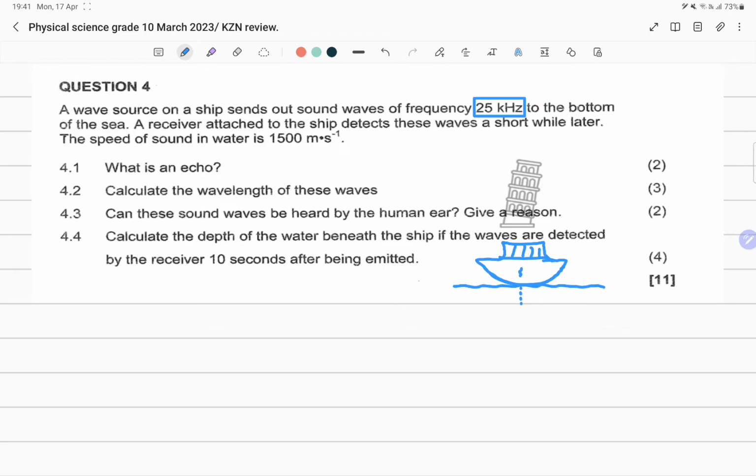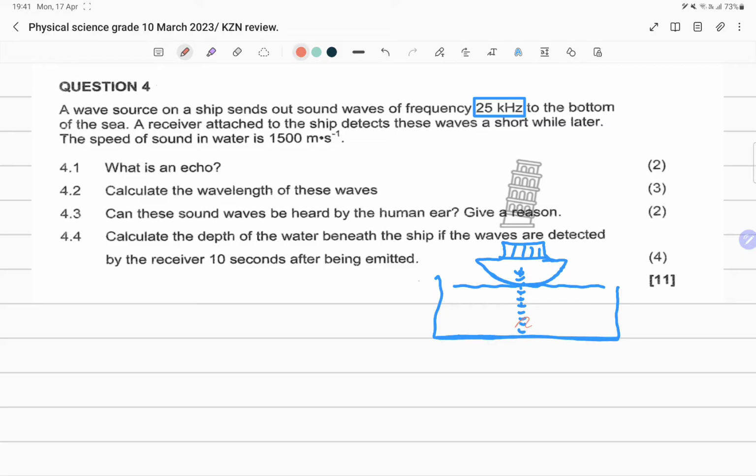Bong, bong, bong, bong. Remember, the sound wave is a longitudinal wave. By the way, what is the story here? To the bottom of the sea. Let's just say this is the bottom of the sea. It's not always that straight anyway. So it will hit the bottom, and then once they hit a particular surface that they cannot penetrate, what happens to the sound waves?